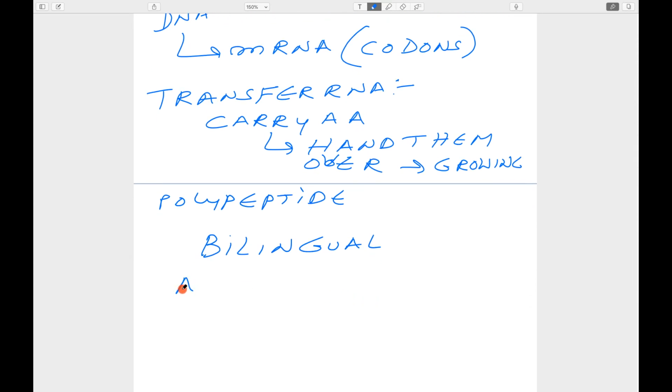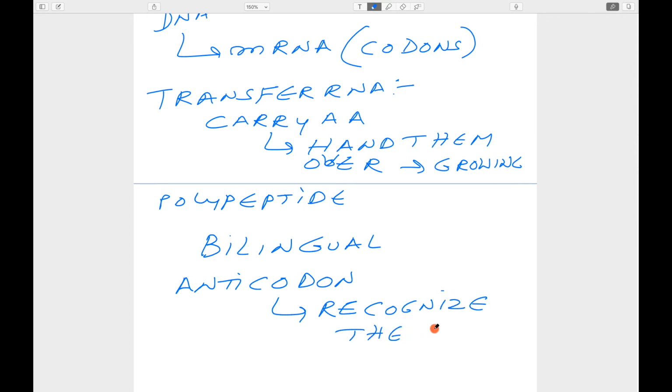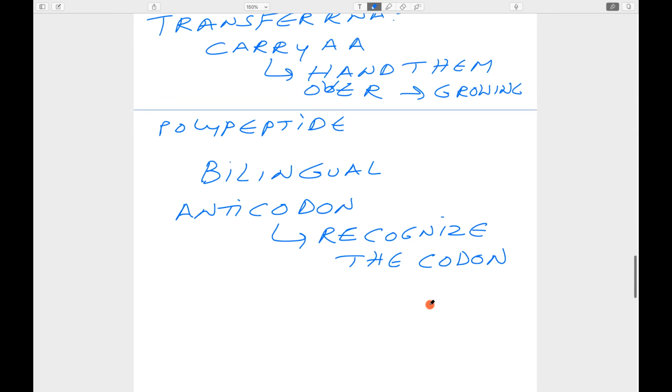It contains an anticodon. The anticodon recognizes the codon language. Recognize the codon. What is there in the codon? Once it recognizes it, what happens? It picks up the appropriate amino acid, brings it to the site of protein synthesis, that is, at the ribosomes. The amino acid is carried on its acceptor arm.